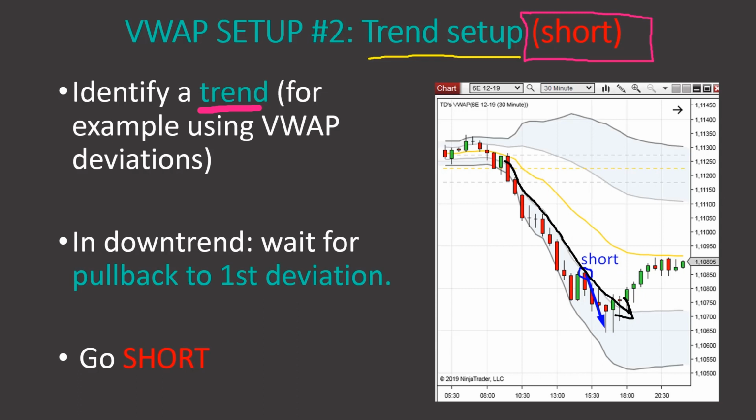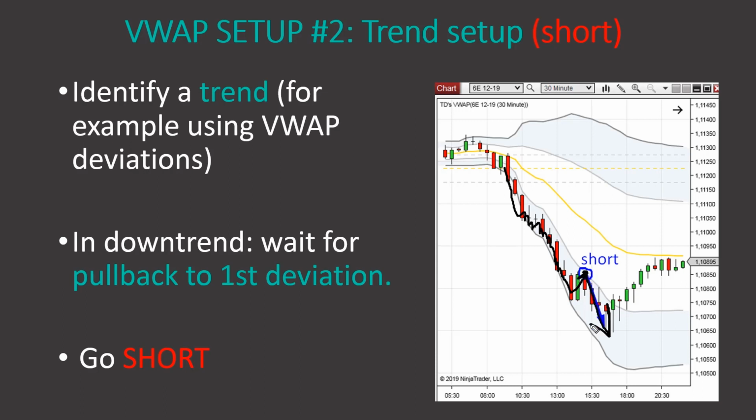And what we want to see is price moving below the first deviation, like in here. Price is moving below it, and what we are waiting for is a pullback to the first deviation. In here, the price made the pullback, touched the first deviation. What you want to do is enter a short from this place, all right, to participate in a downtrend.